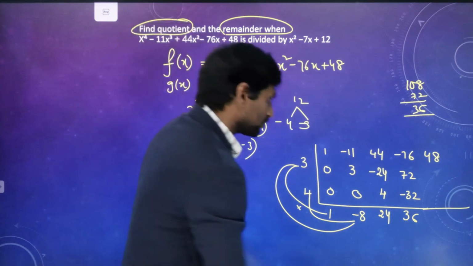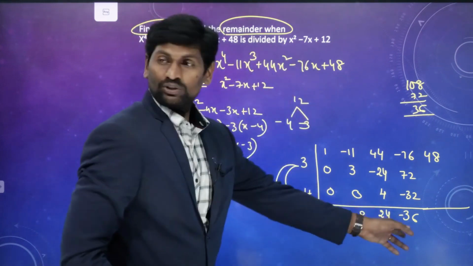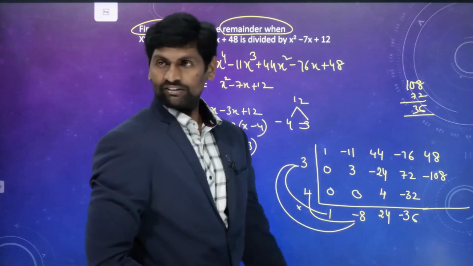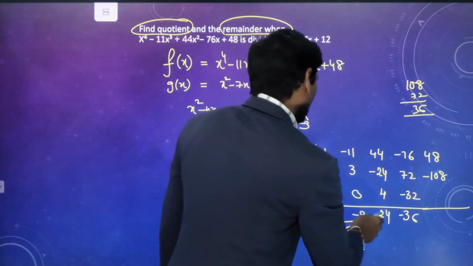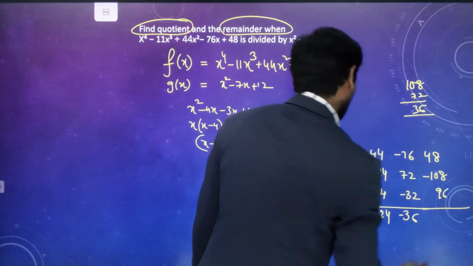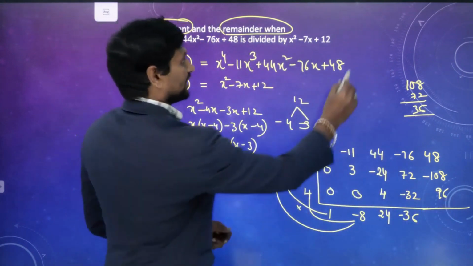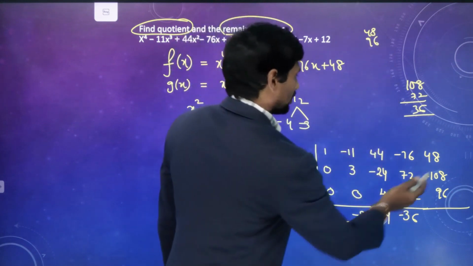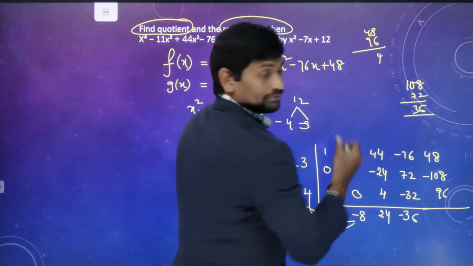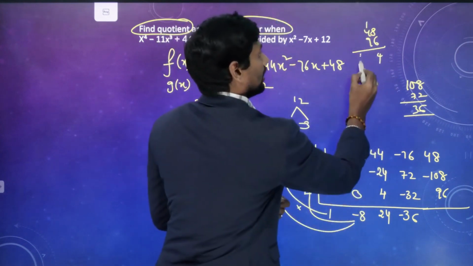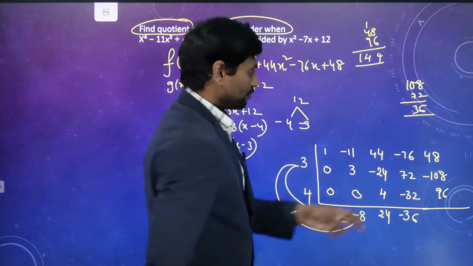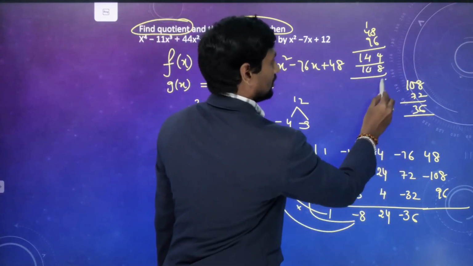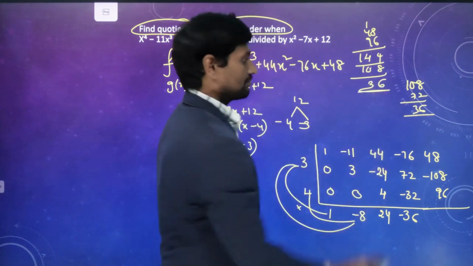Okay, negative 36. Now 3 into 36 is minus 108, and 4 twenty-fours gives 96. So the positive values are 48 and 96, and the negative value is minus 108. So this will be 144 minus 108, 36.